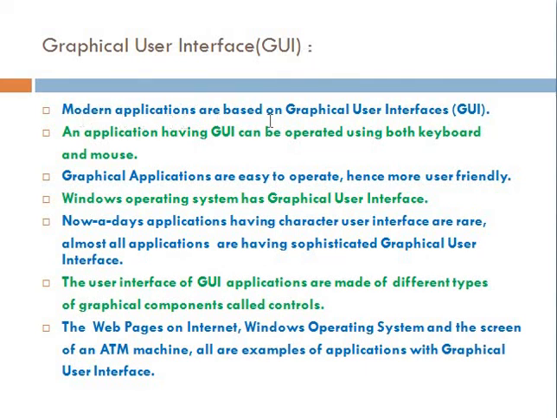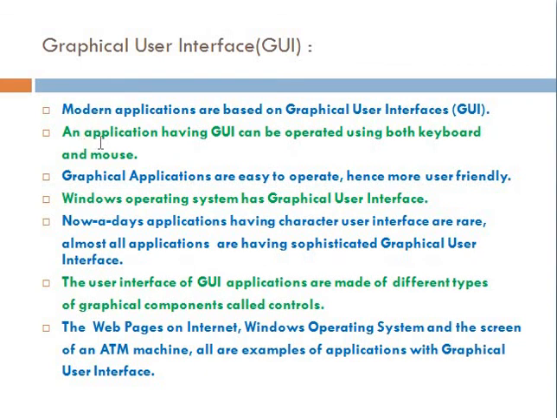Now modern applications are based on the graphical user interfaces. The operating systems or the applications developed using the graphical user interface make use of graphical controls, including the mouse support, so that objects can be dragged and dropped onto the applications.